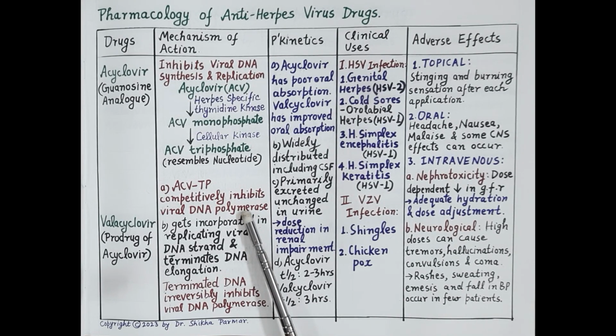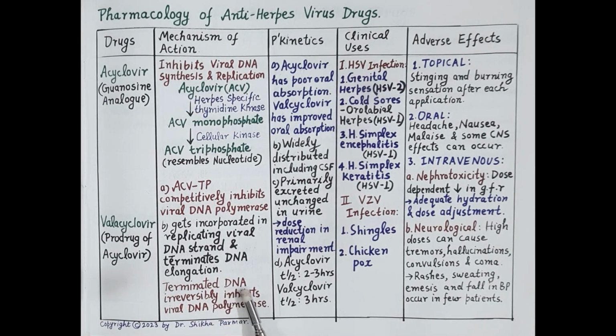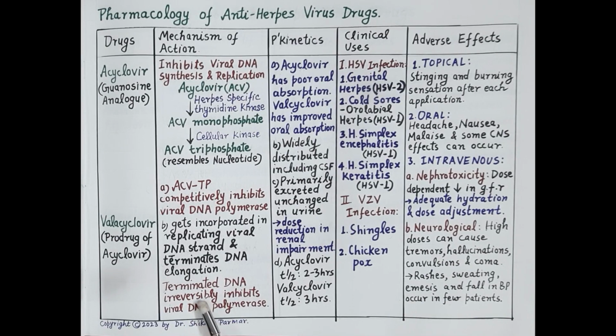Now, in addition to this, as acyclovir triphosphate resembles a nucleotide, it gets incorporated in the replicating viral DNA strand, and this terminates DNA elongation. So, the faulty or terminated DNA that is formed also irreversibly inhibits viral DNA polymerase.